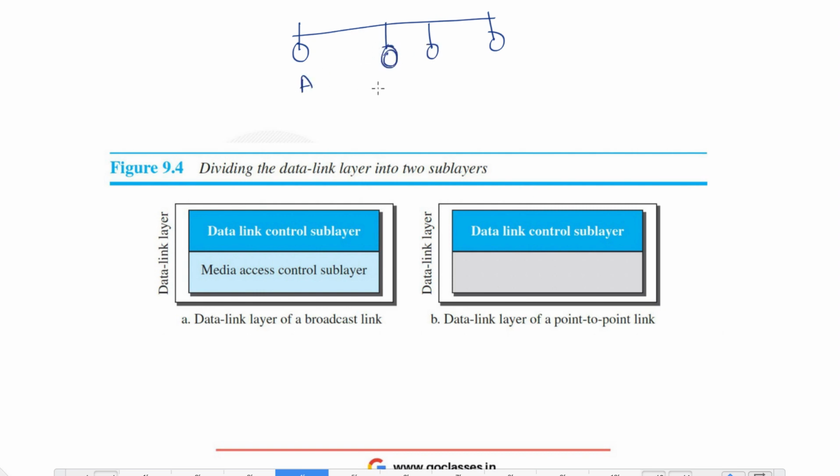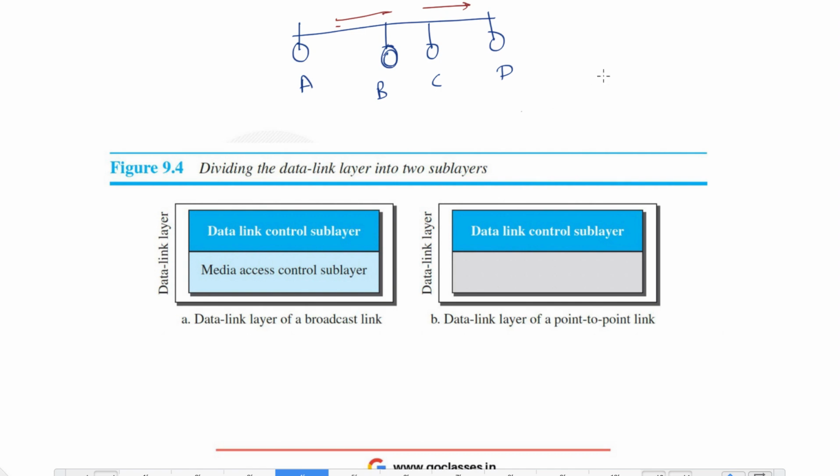If you want to send some packet from A to D, then you need to broadcast this packet. You cannot have a direct link from A to D. If you want to send a packet from any host to any other host, suppose B to A or anything, you need to broadcast this packet everywhere. You cannot only send from B to A or from C to A.